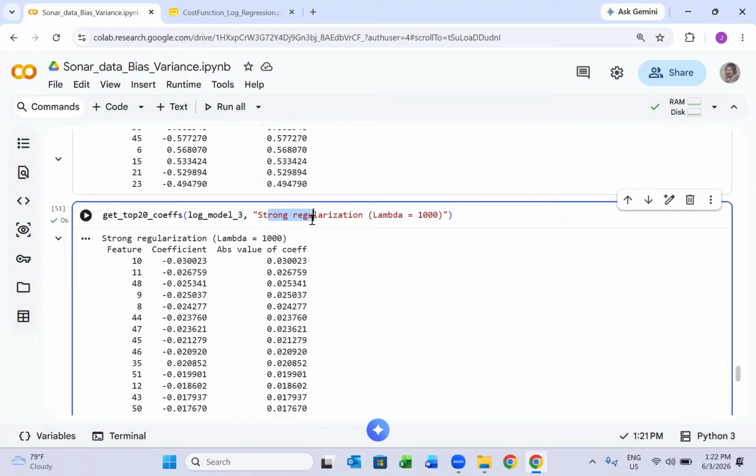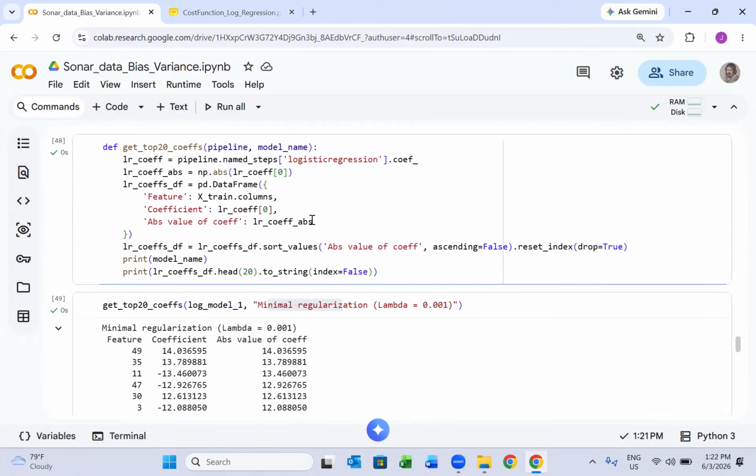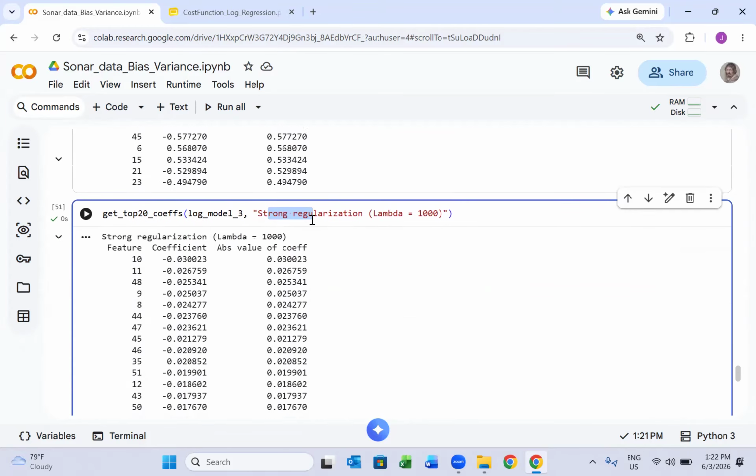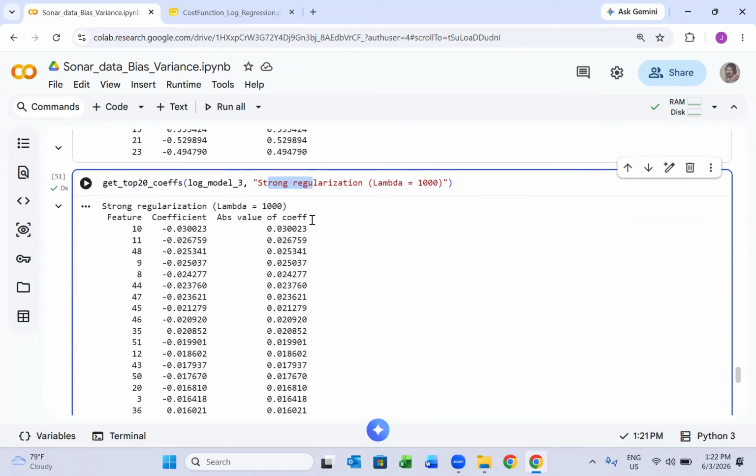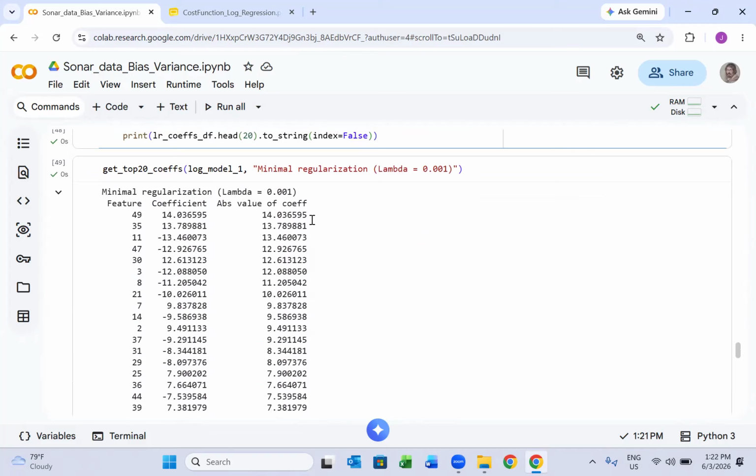All right, guys, so what do we conclude after observing the coefficients for the different regularization strengths, okay? Well, this is what I want you to remember. With low regularization, like model number 1, many features have, let's say, sizable weights, which means that many features are used by the model.